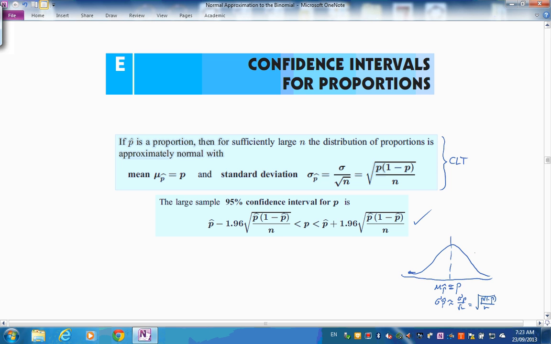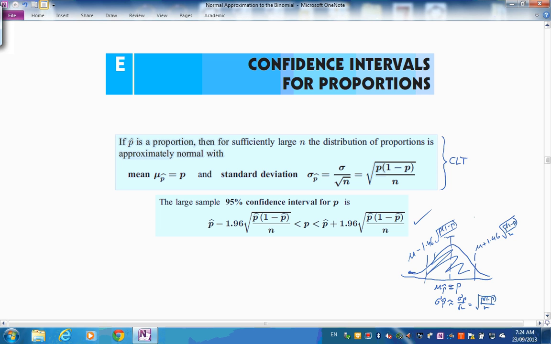And away we go. So this is mu plus 1.96 sigma, where sigma is the square root of p, 1 take p, on n. And what's down here? 1.96, 95% in here, mu minus 1.96 sigma, which is p, 1 take p, on n.